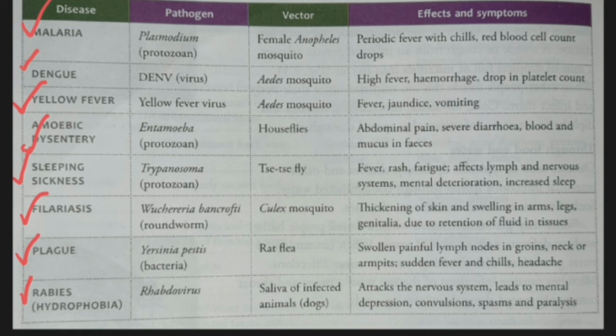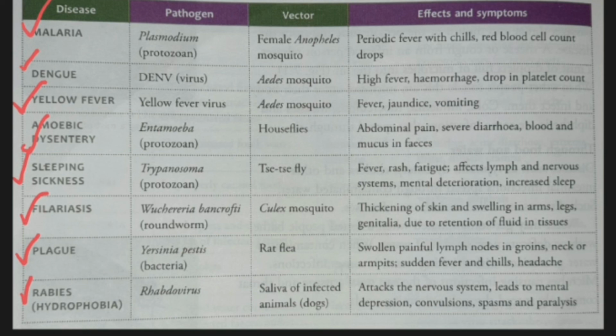The effects and symptoms are attacks on the nervous system. Nervous system breakdown is a very common problem in rabies. It leads to mental depression, convulsion, spasm, and finally paralysis. Sometimes rabies can also lead to death. The final result of it can be death also.